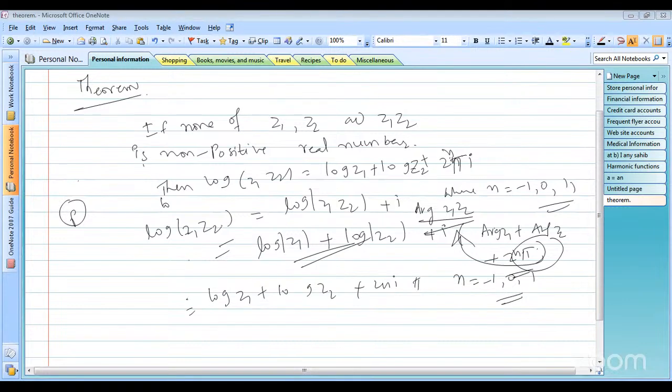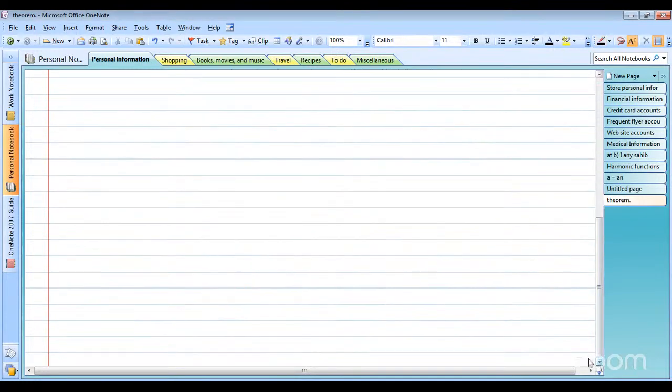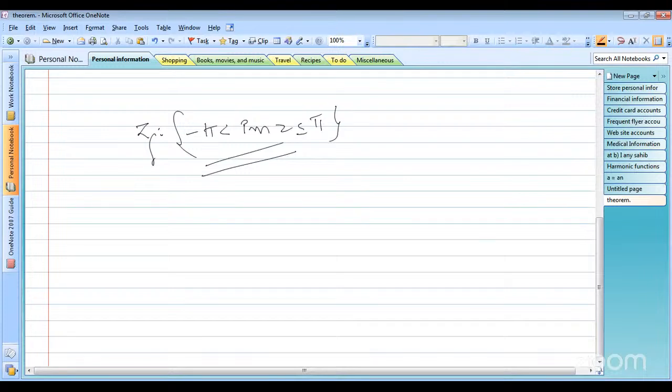So what is the restricted domain? I am taking Z with minus pi less than or equal to imaginary part less than or equal to pi. We can call this the principal branch of the logarithm.